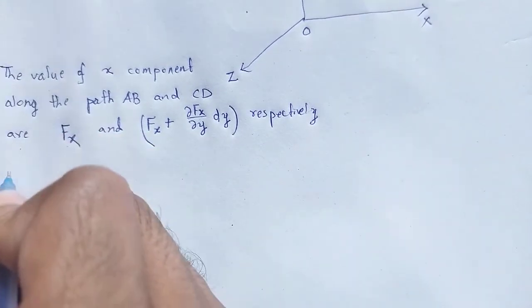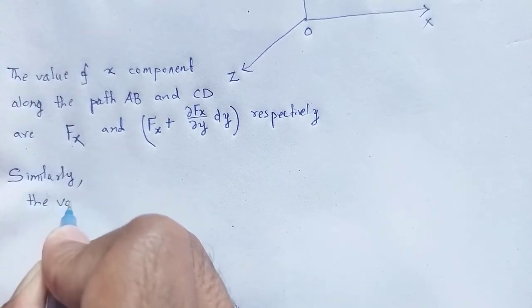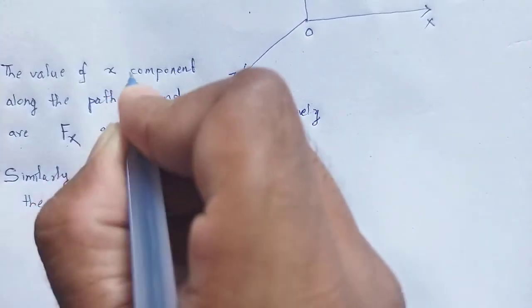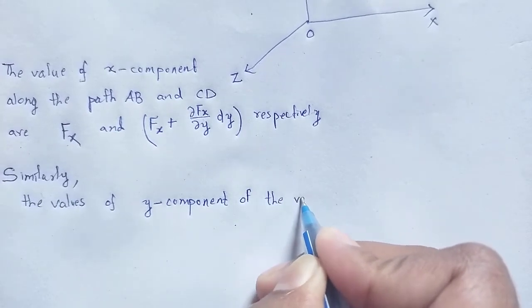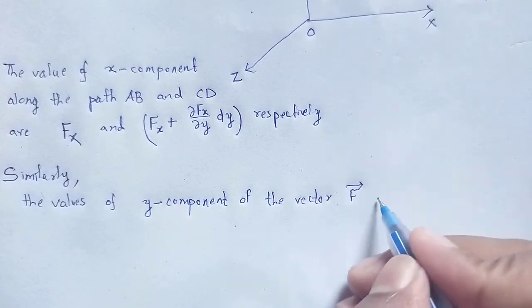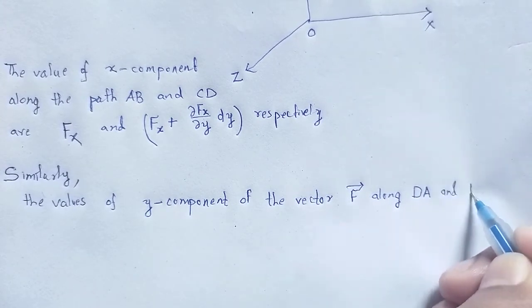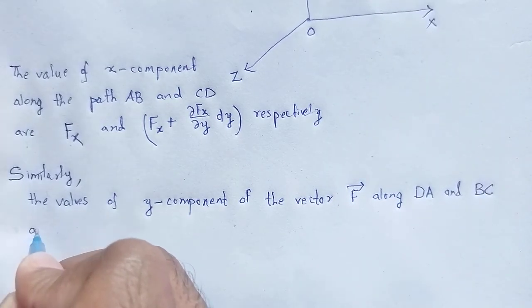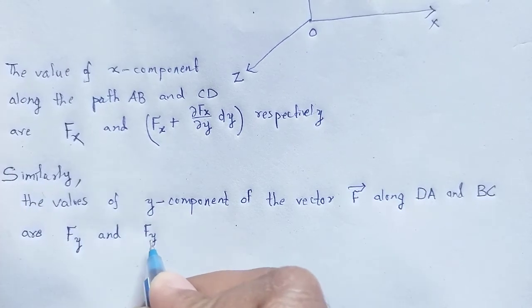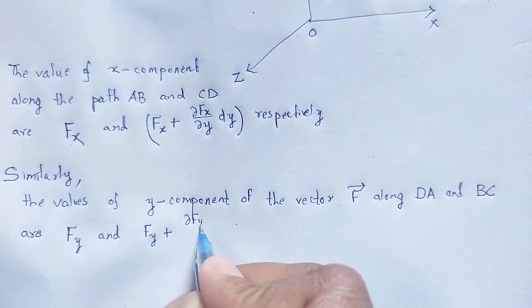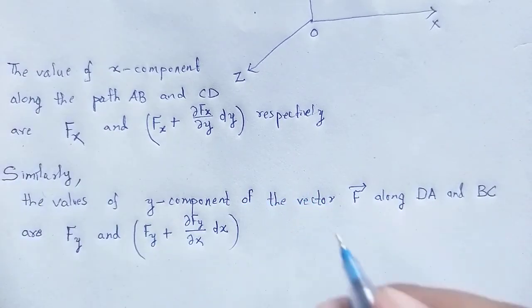Similarly, the values of the y component of the vector f along DA and BC are f of y and fy plus del fy by del x into dx respectively.